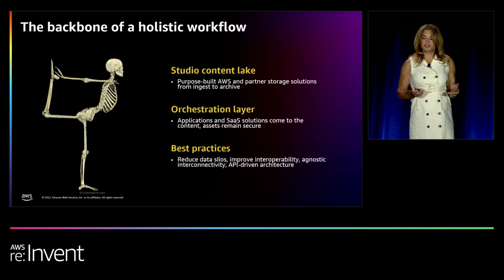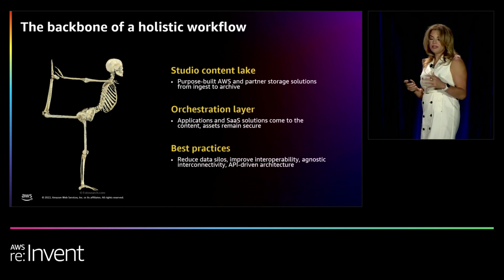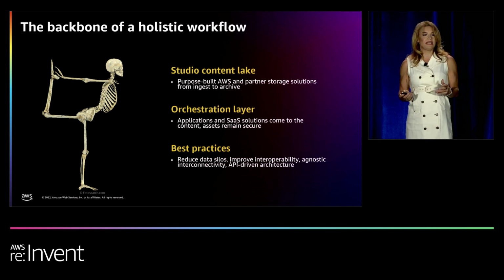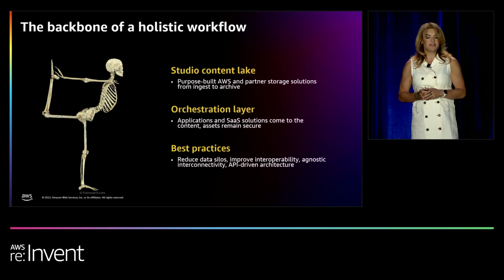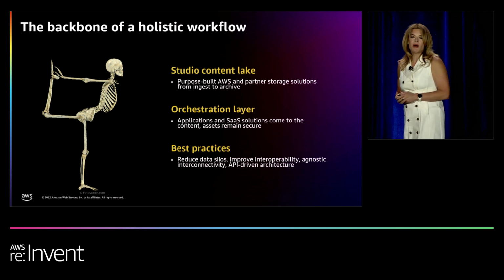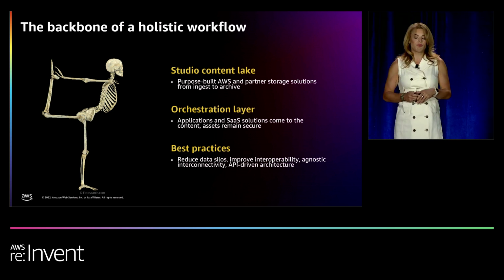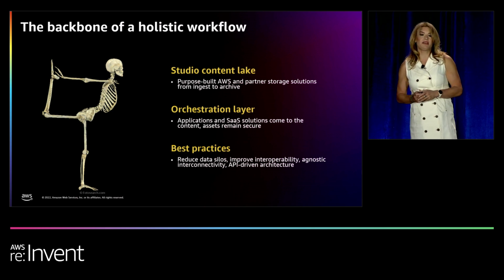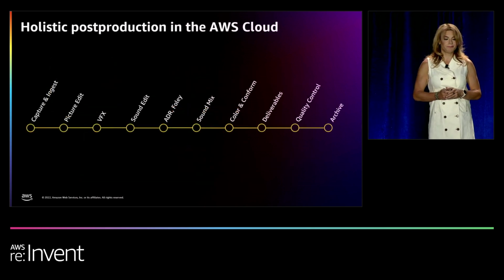Start to view it as an orchestration layer that can really bring and weave all of the different facets of a workflow together, really creating something that's bigger than the sum of its parts. And that's only possible if we reduce data silos, improve interoperability, and eliminate proprietary channels that preclude agnostic interoperability.